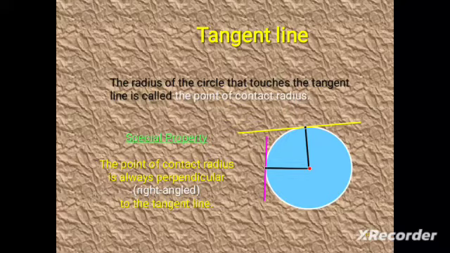That means right angled to the tangent line, and that has been illustrated in the diagram shown there. So this means that the radius of a circle is perpendicular to the tangent at the point of contact.